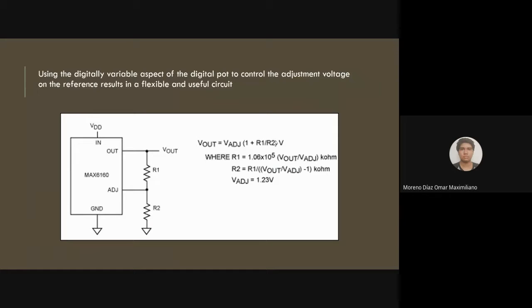Using the digital potentiometer to control the adjustment voltage on the reference results in a flexible and useful circuit, as you can see in the image. The voltage detector is an operational amplifier used in circuits in which the output is switched between a positive and negative saturation voltage, V plus and V minus.